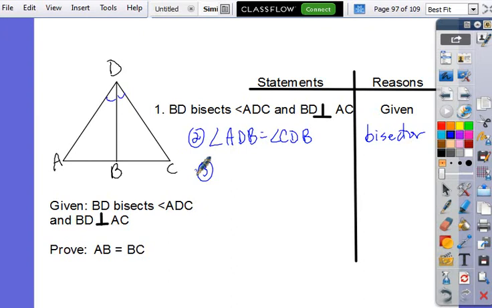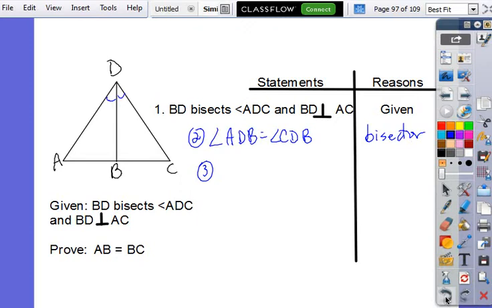What does that symbol mean right there? Perpendicular. What does perpendicular mean? Not equal, not similar, not congruent.